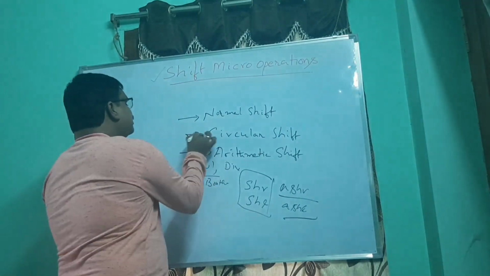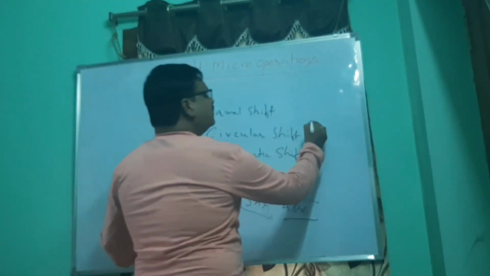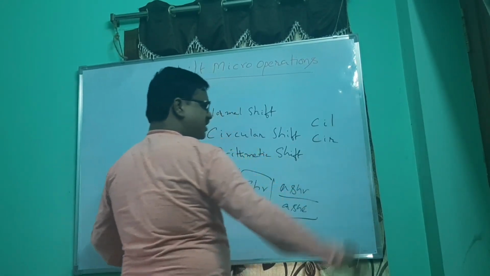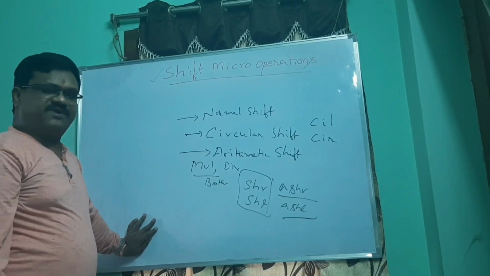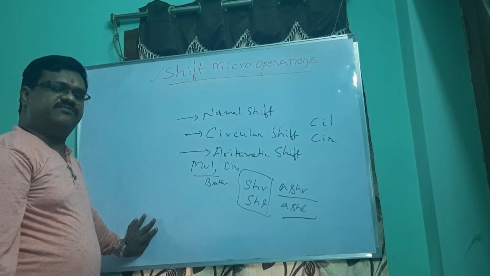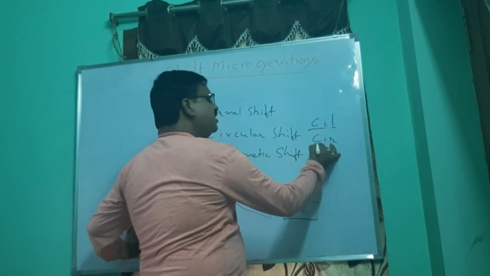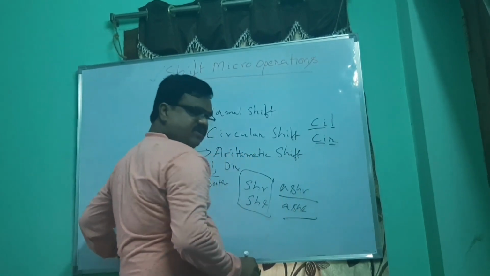Coming to the second one, circular shift, the commands are CIL and CIR: circular shift left, circular shift right.